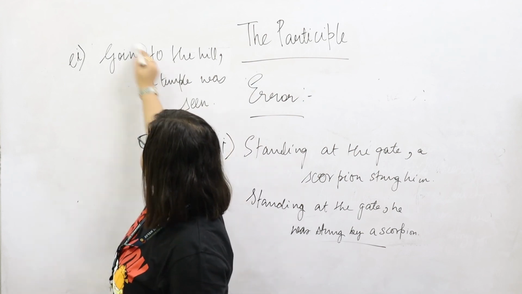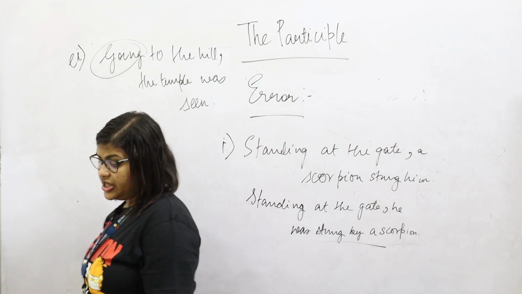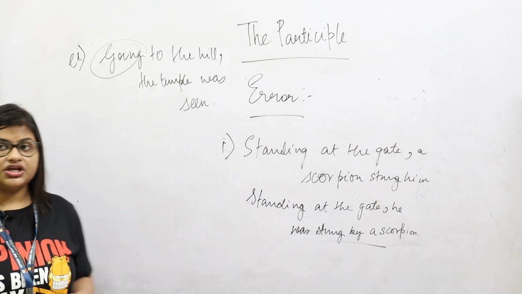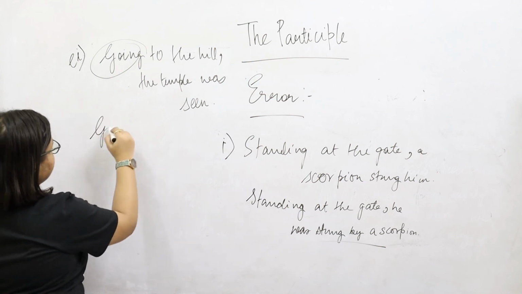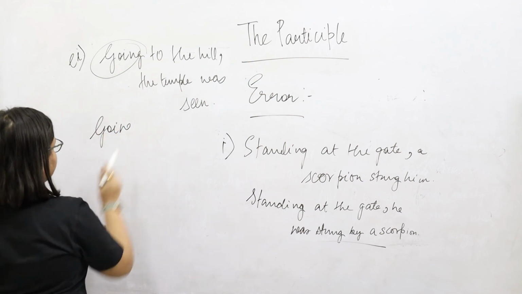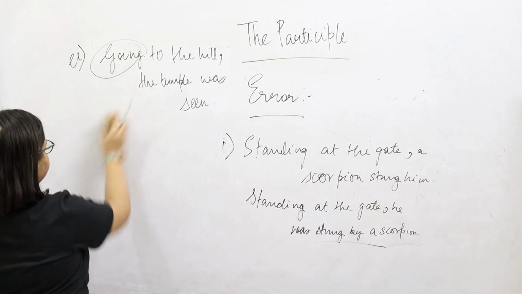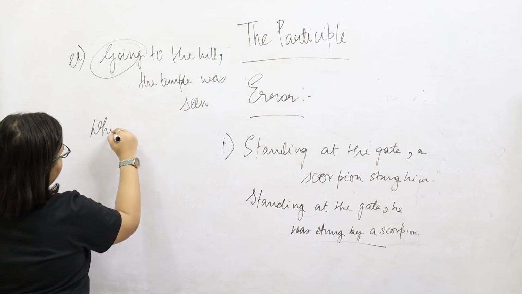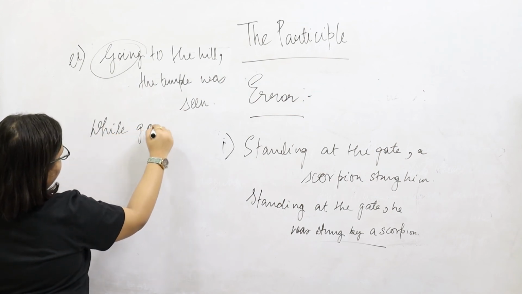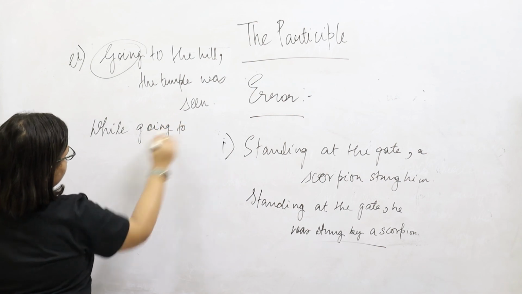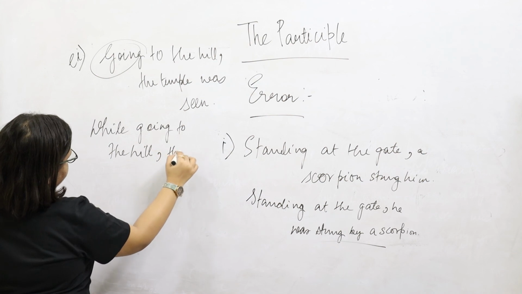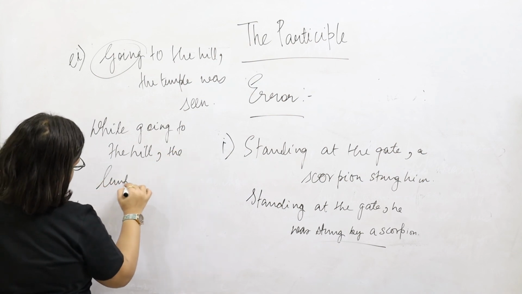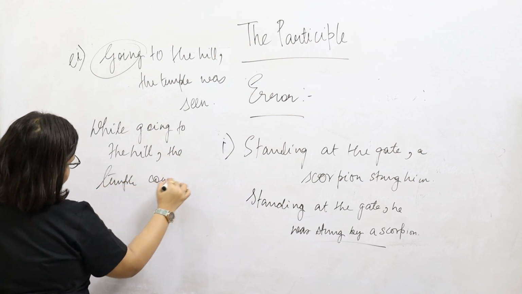Is it a correct way of using the participle? Is it just because you went to the hill that you could see it? No, the correct would be: while going to the hill, the temple could be seen.